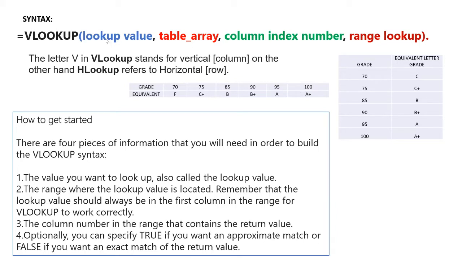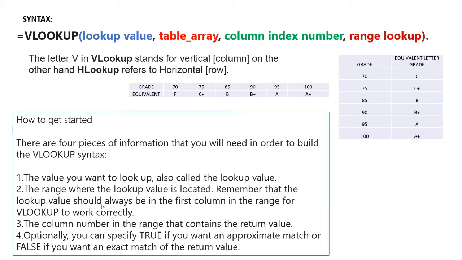So first you have the lookup value, the value that you want to look up. Okay, second you have your table array, the range where the lookup value is located.